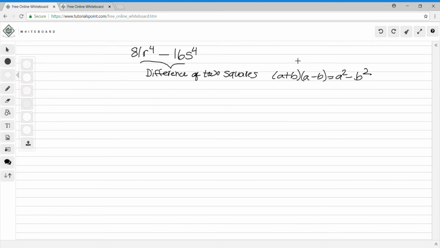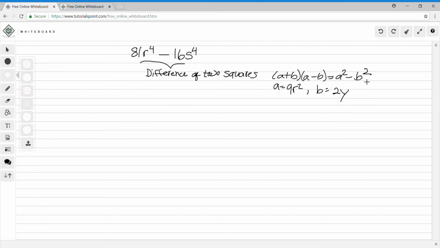So we can say that our a is 9r squared, and our b is... Because when you do a squared, we got to square 9r squared, so that's 81r to the fourth.